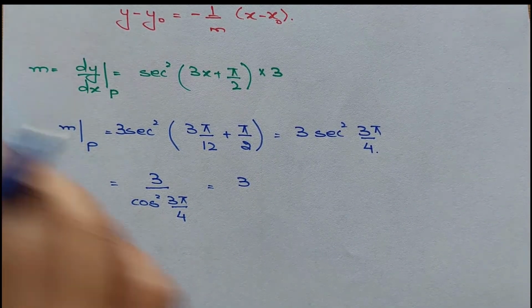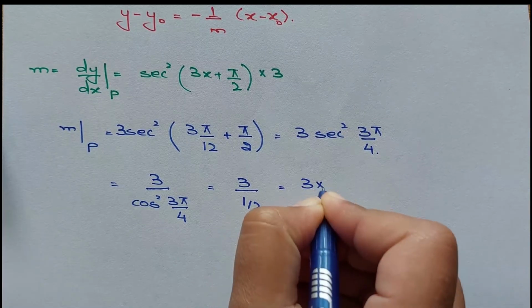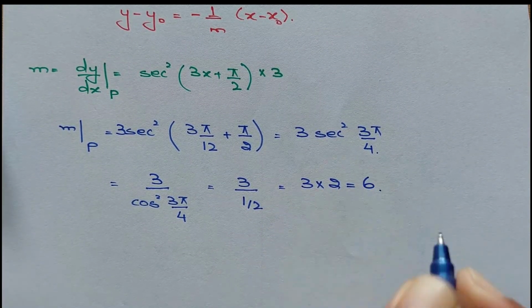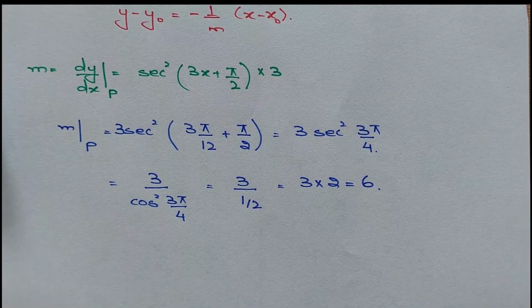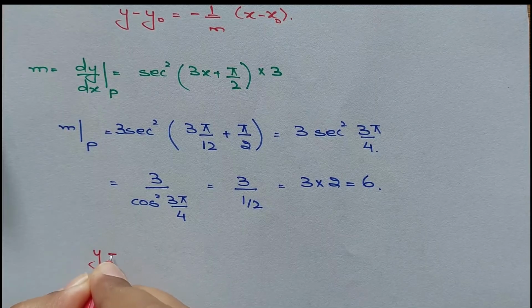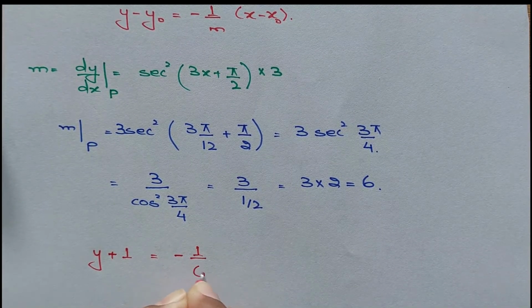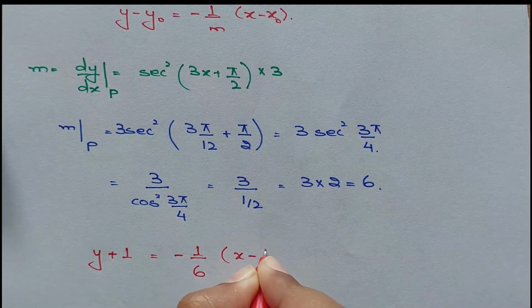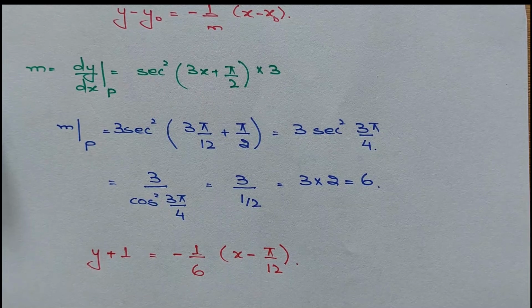In the denominator we have just 1 by 2, and we have 3 times 2, that is equal to 6. So now the m value is 6. Now just substitute the value. So y minus y naught, which is negative 1, equals minus 1 over m value times x minus x naught, which is pi by 12. So that is the equation of normal, right?